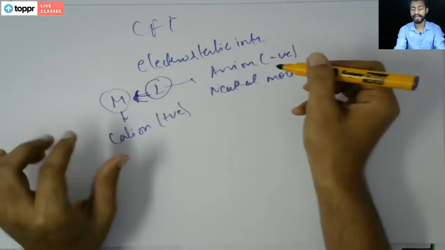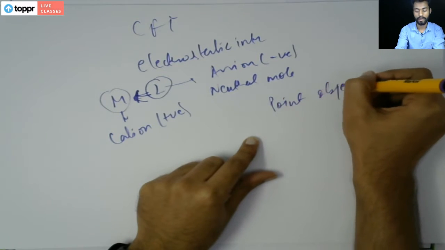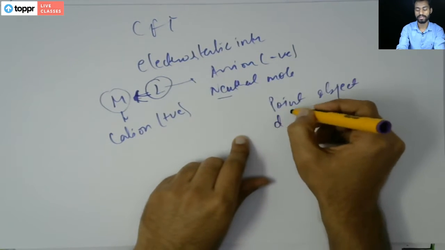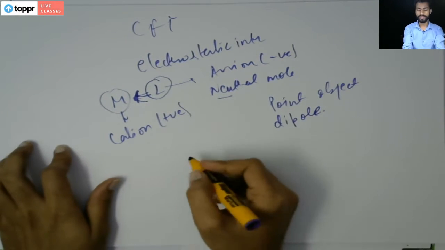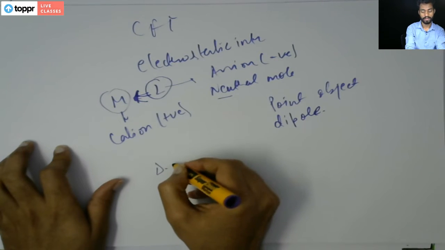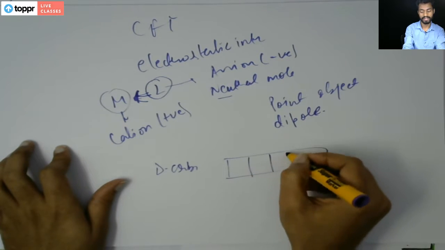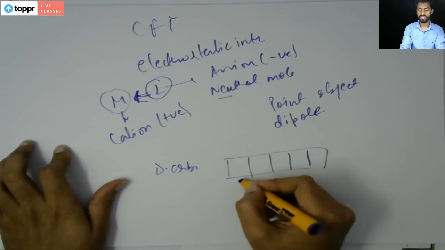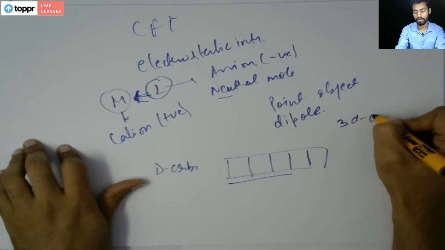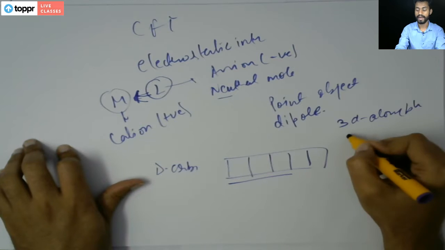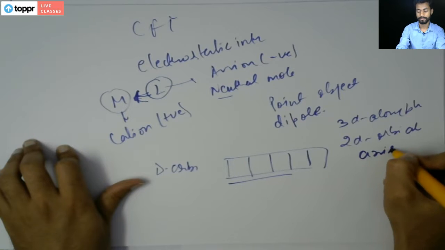If the ligand is negatively charged, then it is considered as a point object, and in case of a neutral molecule, it is considered as a dipole. As we know, the d orbitals are 5 orbitals, in which 3 d orbitals are along the planes and 2 d orbitals are along the axis.